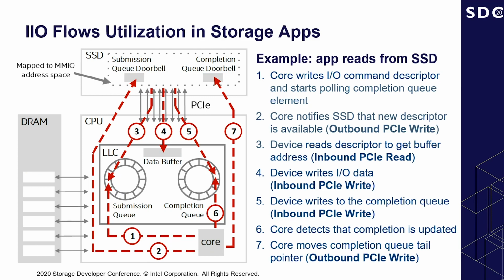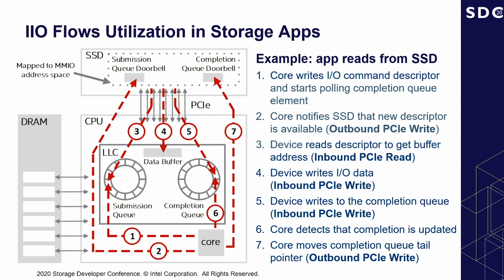The last thing I want to mention here is the good and bad scenarios. If you think back a few slides ago, we were talking about L3 misses and L3 hits, right? That L3 hit is good, L3 miss is bad for performance. And what we just walked through was an ideal scenario where all of those inbound requests were getting L3 hits, right? That data, or the information, was already in the LLC.